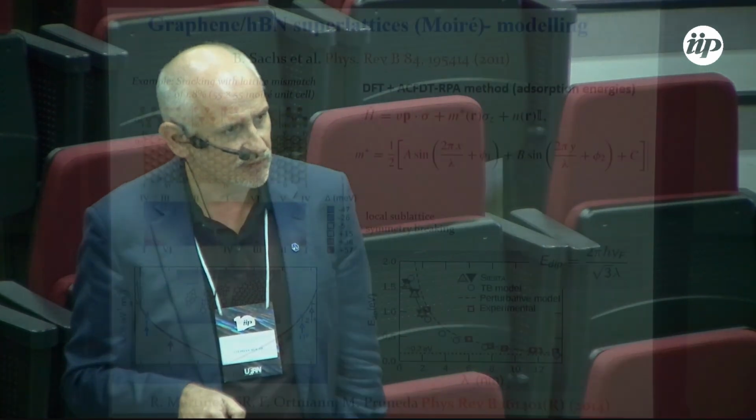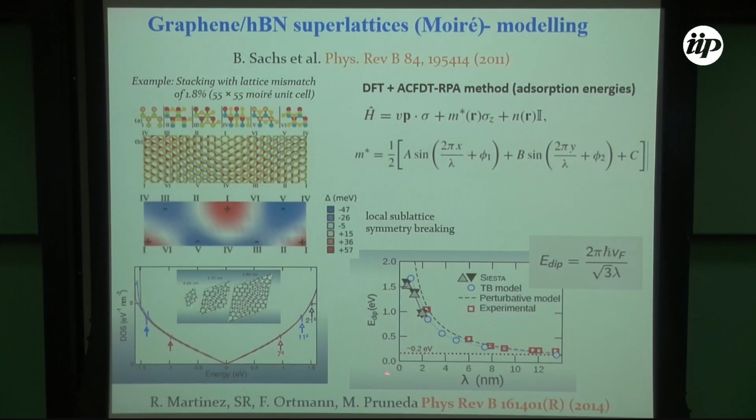You can look at the density of states. You can get these resonances that are related to new secondary Dirac points related to the moire. And then you can confirm that actually these positions are completely in agreement with the experimental data. So these peaks depend on the size of the moire.